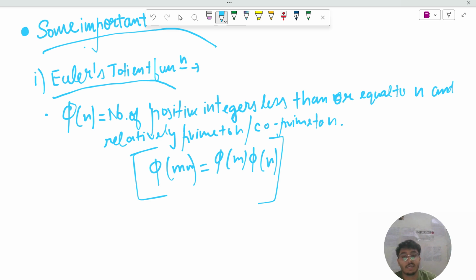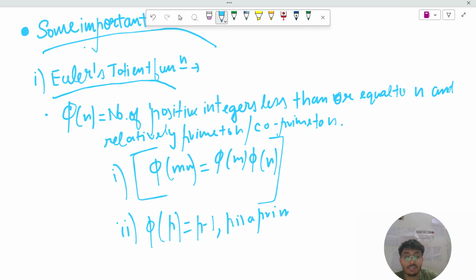One more property, a general one: phi of p is p minus 1, where p is a prime. For example, 3.